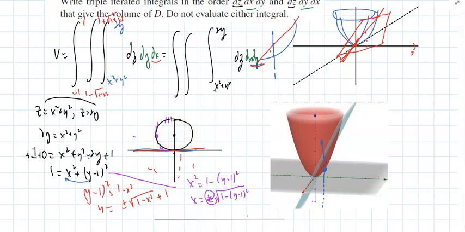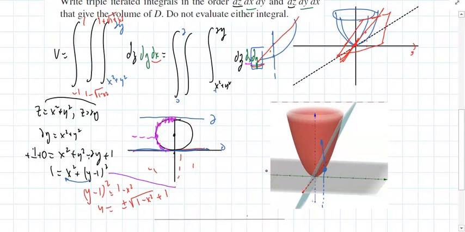I was rushing through. I said if I was to look at this in the direction of y, y would run from 0 to y equal 2. And then x would run from that right there. If I want to solve this equation for x, x squared equal 1 minus (y minus 1) squared, and x would equal plus or minus the square root of 1 minus (y minus 1) squared.